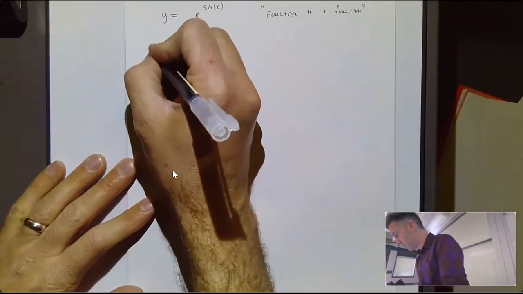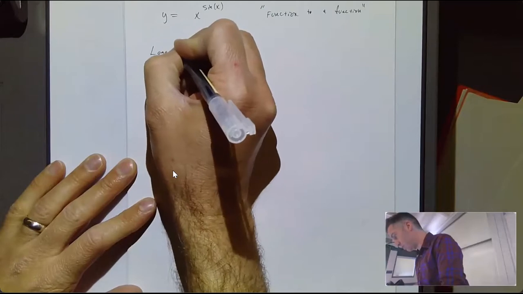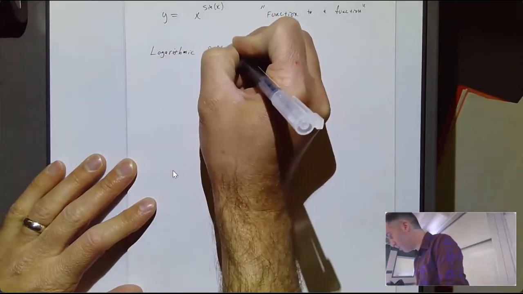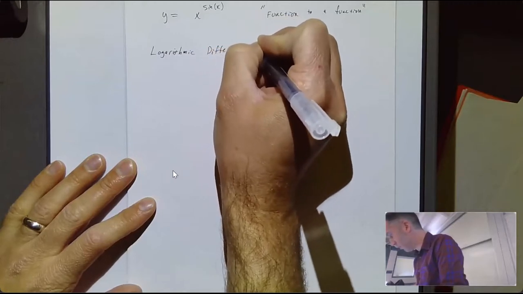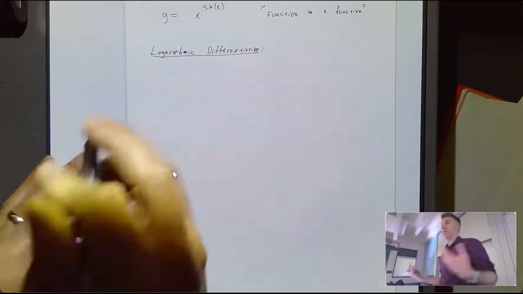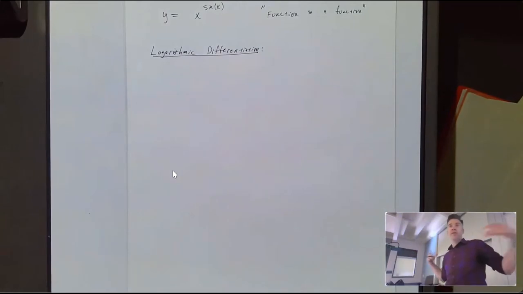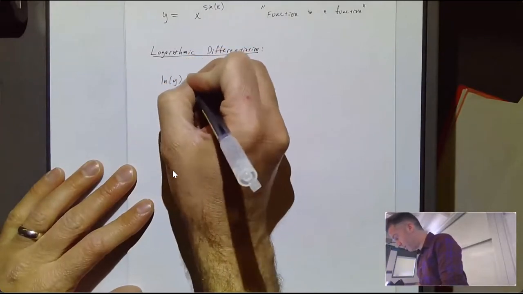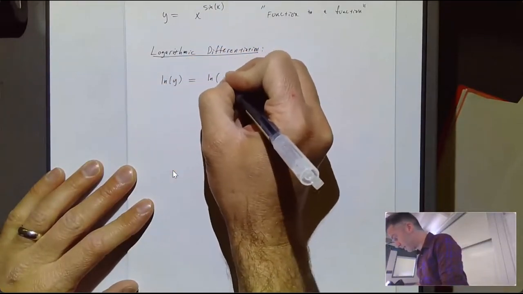We're going to use what's called logarithmic differentiation, which is the thing we've already been doing. This is just a name for take the logarithm of both sides, do the derivative, et cetera. So I'm going to write the natural log of y equals the natural log of x to the sine of x.